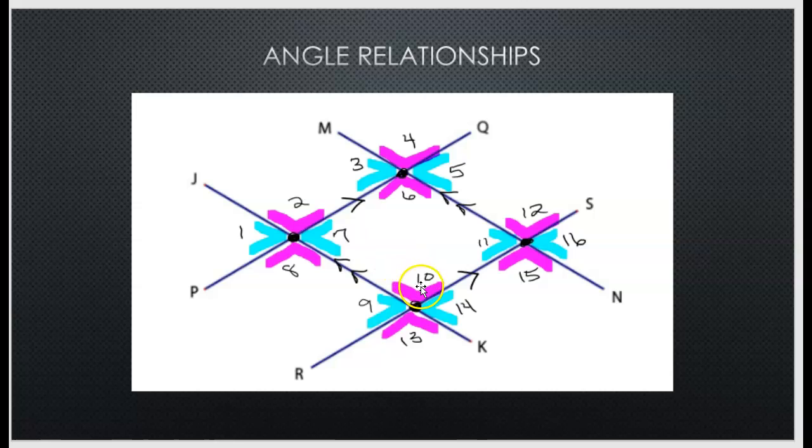Angles 2 and 10 are what we call corresponding angles. 7 and 14 are corresponding angles. 4 and 12, 3 and 11, all kinds of sets of corresponding angles within this diagram.